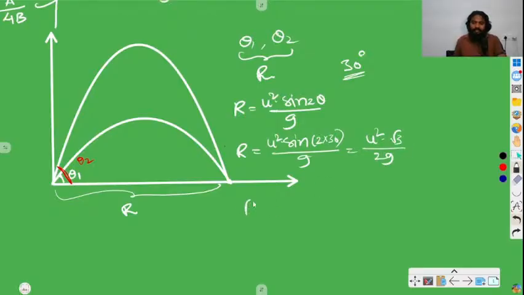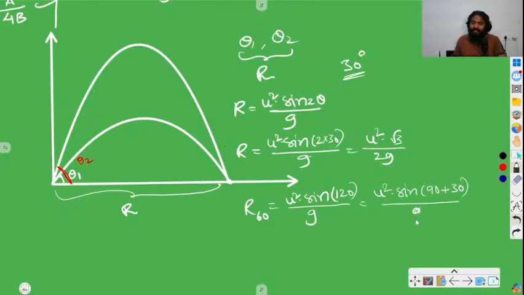In the same way, let's take the range with 60 degrees, right? u square sine 2 into 60, in the sense 120, by g. Here u square sine 120, in the sense sine of 90 plus 30, by g.